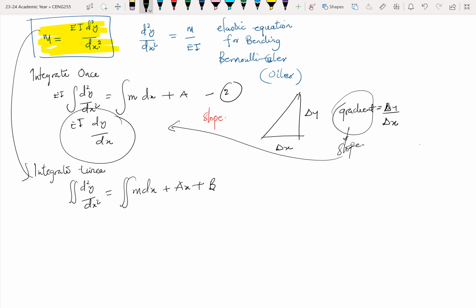Okay. So if you integrate this section twice, you get y. So y is equal to this entire equation here, and this will give us the deflection, or the vertical deflection in this case.